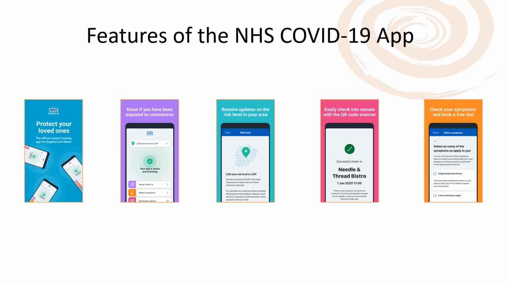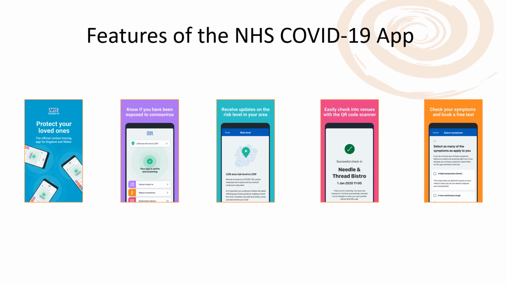The NHS app has multiple features, including tracing the contacts of the user and alerting them if they have been in close contact with other app users who have tested positive for coronavirus. It provides details of the level of risk at the postcode district level of the user.